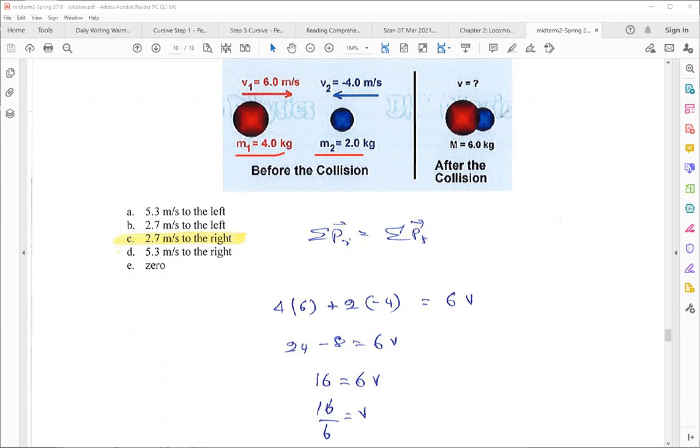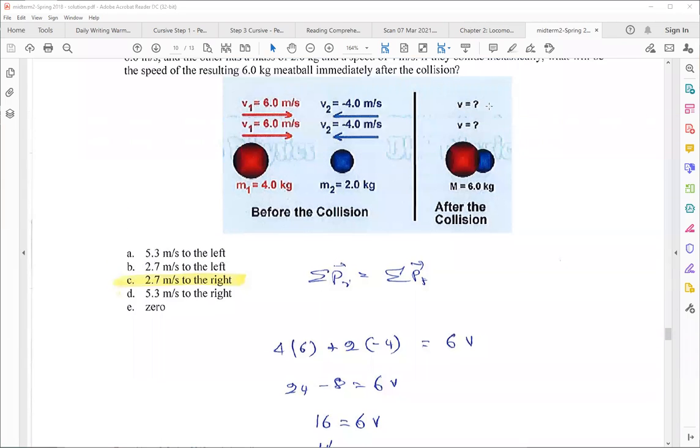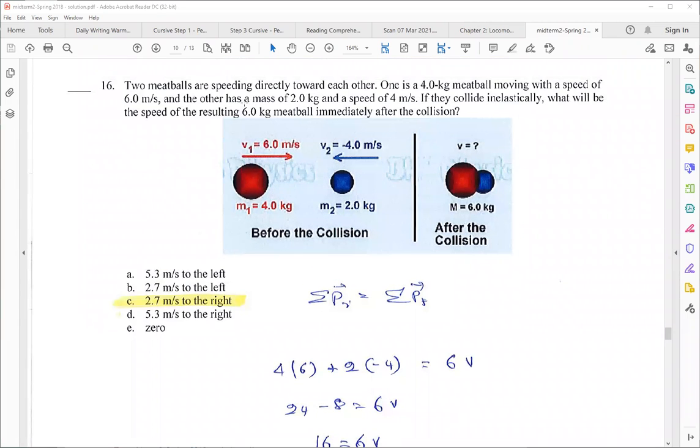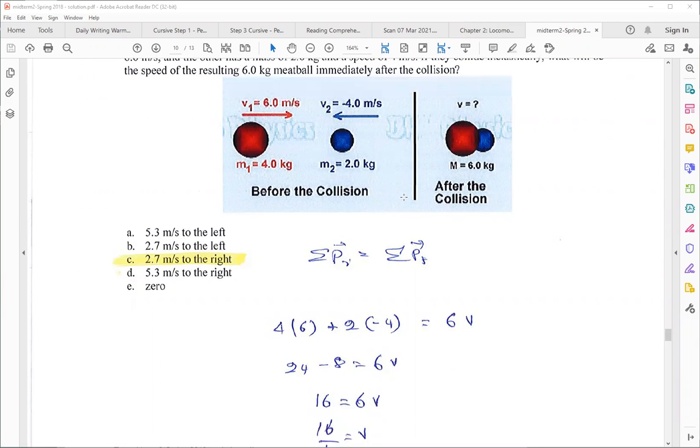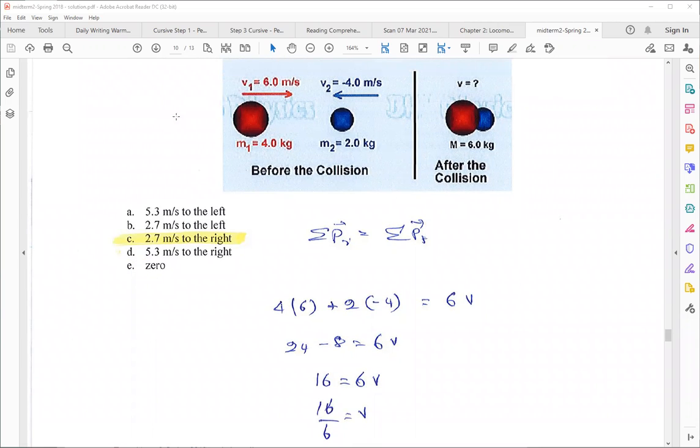We are looking for the velocity of the resulting 6 kilogram meatball. When they collide, they lock together, so the total mass will be 6 kilograms. So what would be the final velocity for the whole?